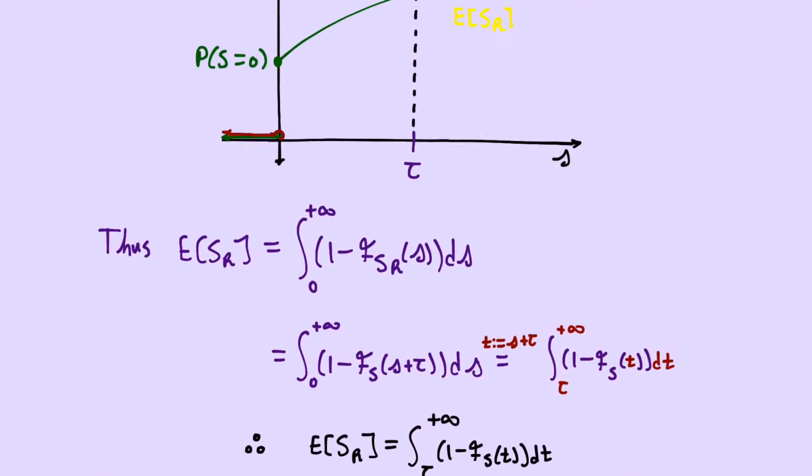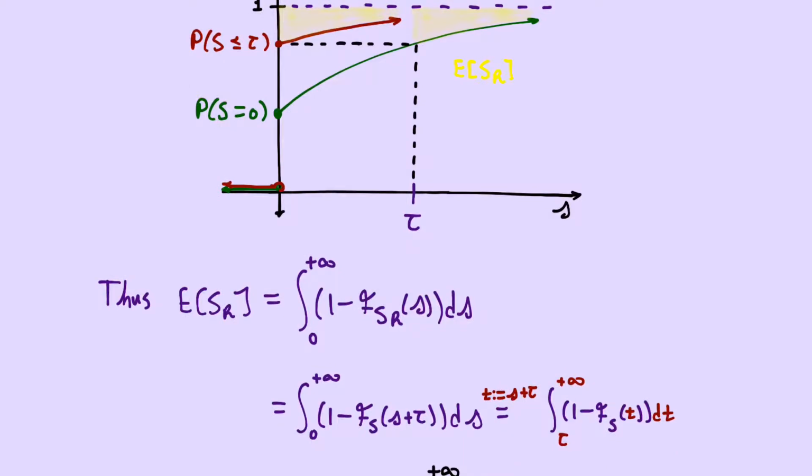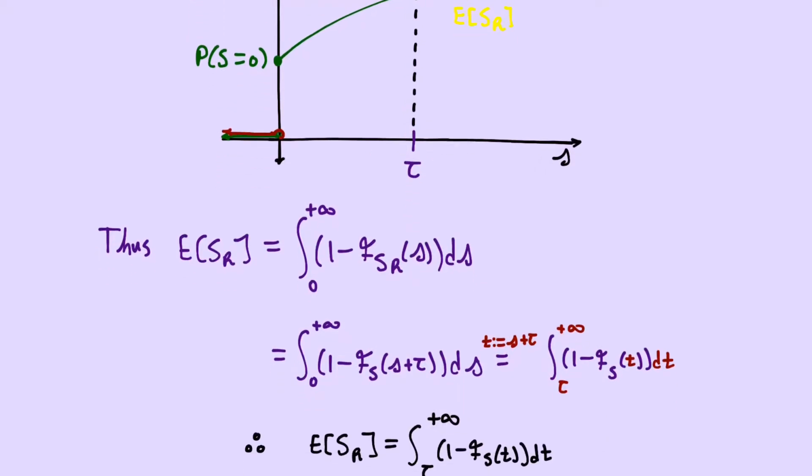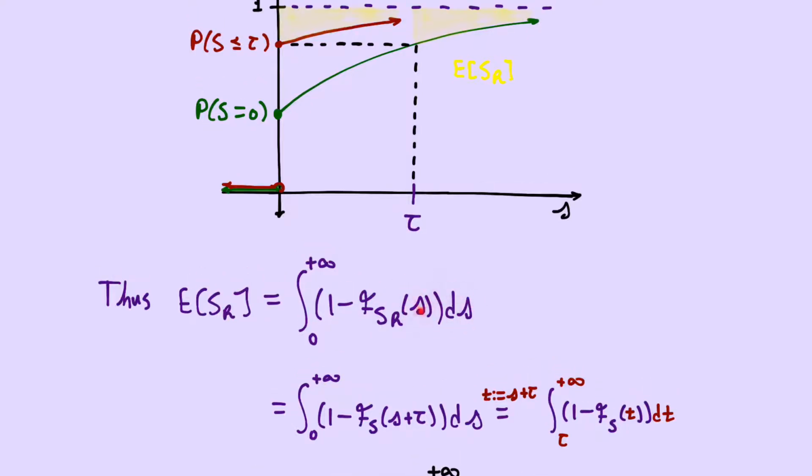In terms of integrals, the expectation of SR, since SR is a non-negative random variable, can be calculated as the integral, in the Riemann sense, from 0 to infinity of the complement of the distribution function, 1 minus F of SR, the distribution function of SR, evaluated on s, and then ds, the differential of the value at which we are evaluating the distribution function, which in this case is also little s.